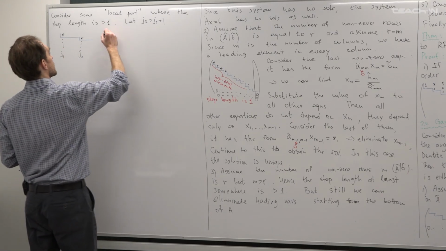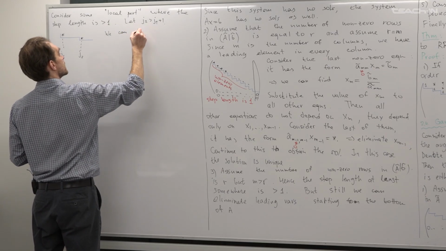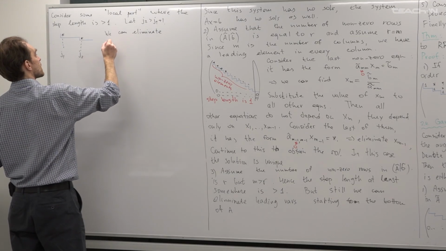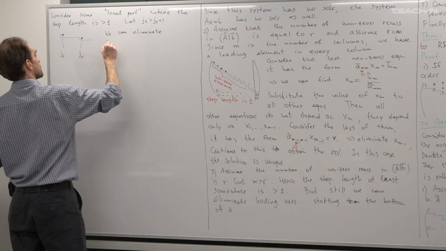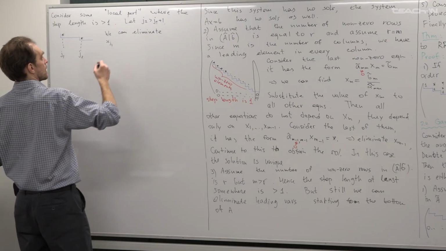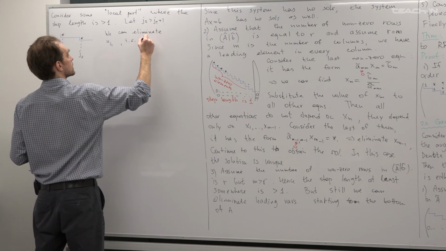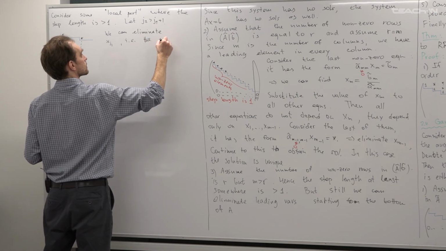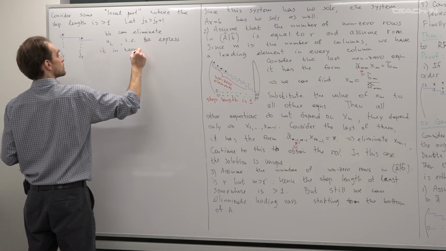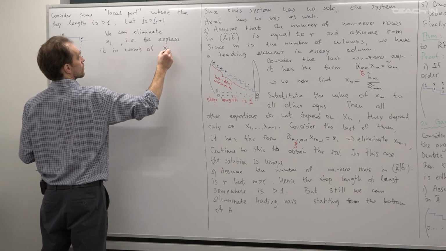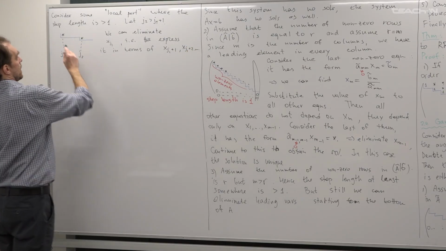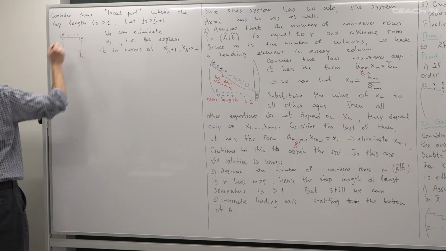So we can eliminate x sub J1. So this means that we express it in terms of x sub J1 plus 1, x sub J1 plus 2, etc. So in terms of all the elements that are here.